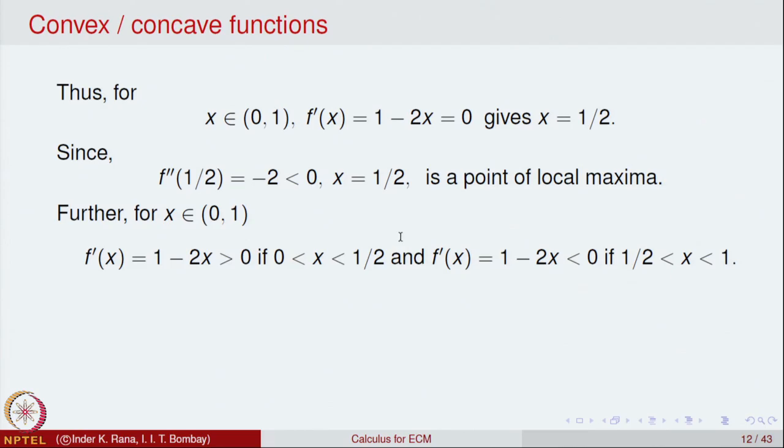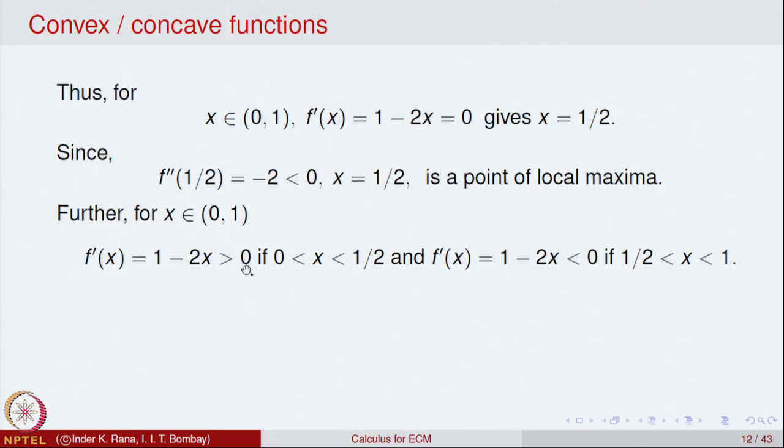We can also analyze the nature of the derivative on the left and on the right of this point, that we know already, but let us analyze the nature of the derivative in all the parts of the domain. So, if x is between 0 and 1, the derivative is equal to 1 minus 2 x. So, that will be positive, that means 1 is bigger than 2 x.